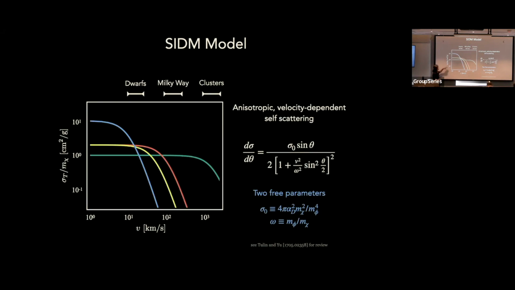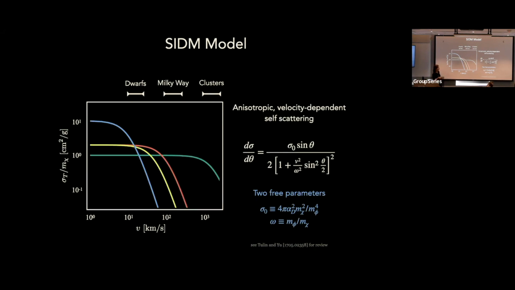For example, here I'm plotting cross-section as a function of velocity, and highlighting where different size systems fall. Dwarfs are here, Milky Way velocities here, clusters are up here. If my dark matter model has a scattering cross-section that looks like this green curve, then I expect to see self-interactions in dwarf galaxies, in Milky Way systems, and also in clusters. I can change my dark matter model, changing these fundamental parameters.